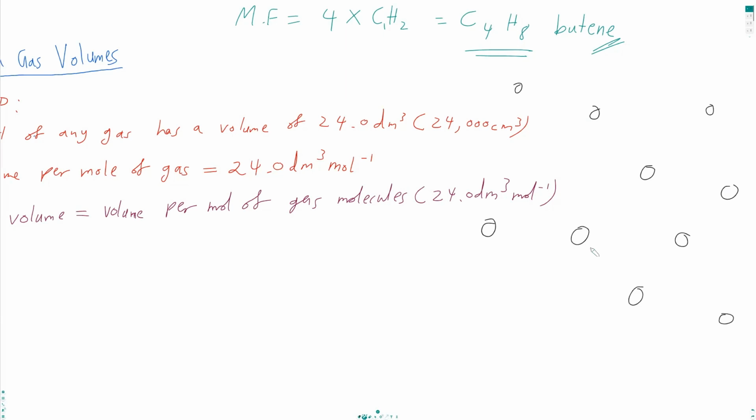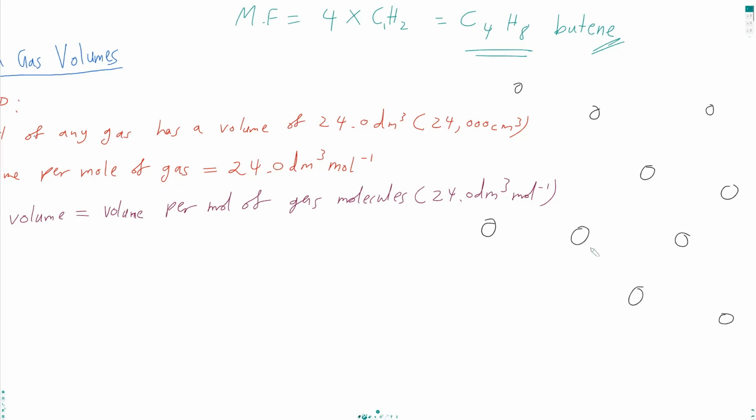First thing is that you need to know how to convert between the amount of gas molecules, n, in moles, and the gas volume, capital V, in dm cubed or centimeter cubed.